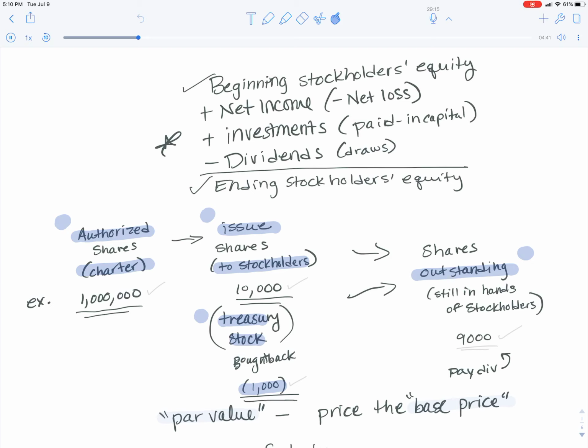So as of now, there's 1 million authorized shares, 10,000 shares issued, 1,000 shares in treasury stock, and 9,000 shares outstanding. So shares issued minus the treasury stock is what's outstanding.